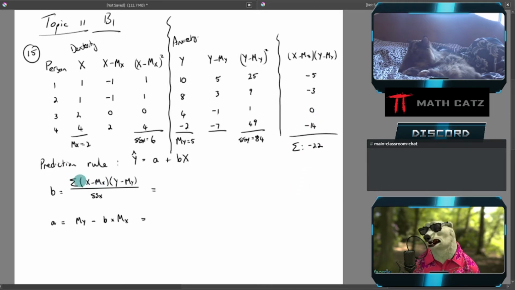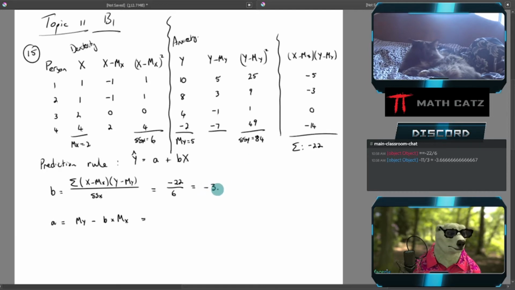So that is the numerator in the b constant: negative 22. The sum of squares here is 6. Let's go to the calculator: negative 22 divided by 6, and we get negative 3.67, we'll say.